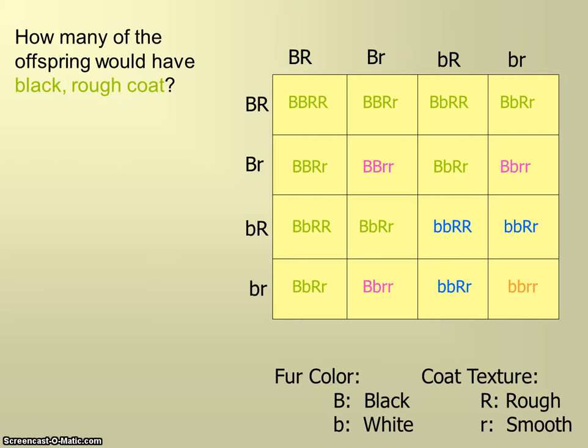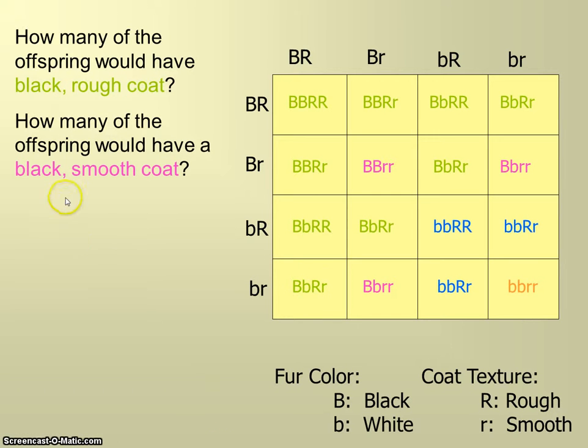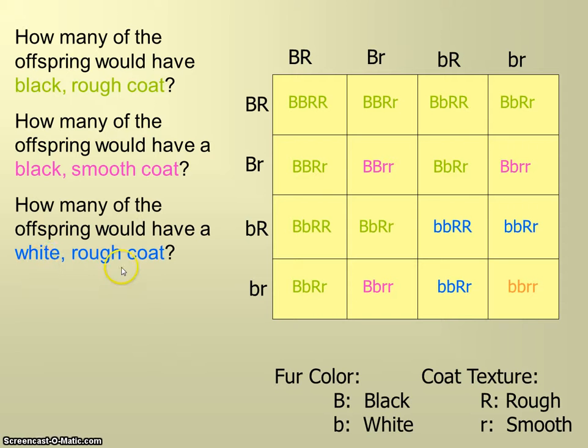So for the black fur rough coat, this dominant, we've got 1, 2, 3, 4, 5, 6, 7, 8, 9. So there's going to be 9 of those. How many are black fur, smooth coat? So that would be dominant recessive. So 1, 2, 3. How many are going to be white fur, rough coat?